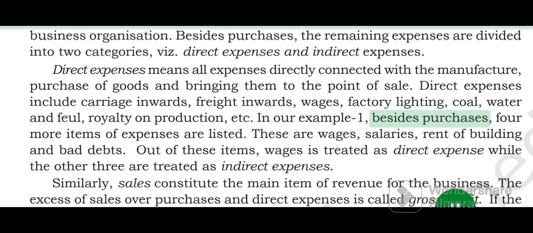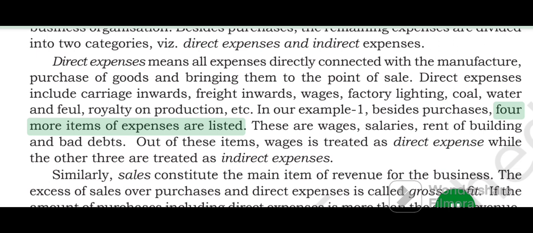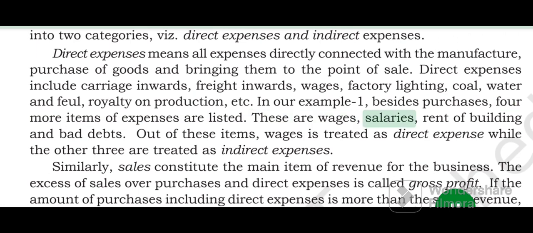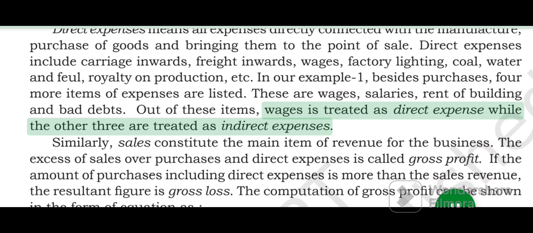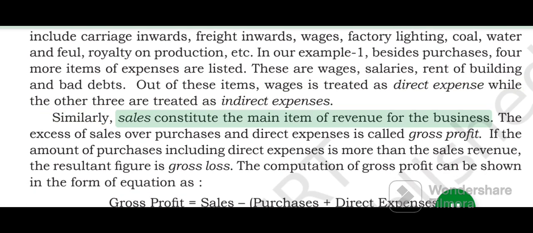In our example 1, besides purchases, 4 more items of expenses are listed. These are wages, salaries, rent of building and bad debts. Out of these items, wages is treated as a direct expense while the other 3 are treated as indirect expenses. Similarly, sales constitute the main item of revenue for the business.